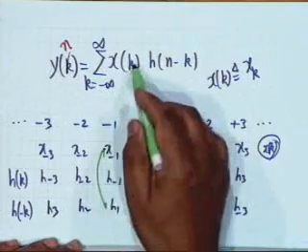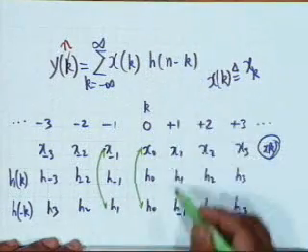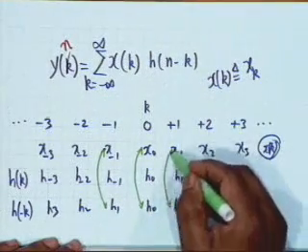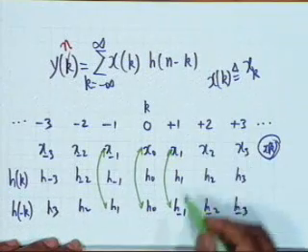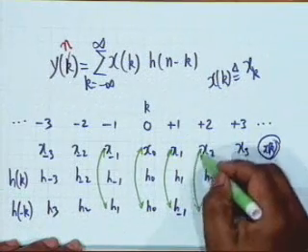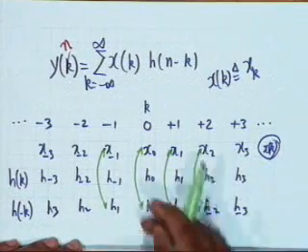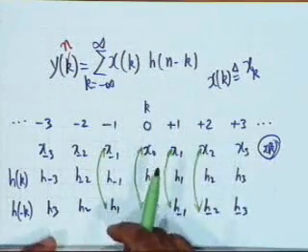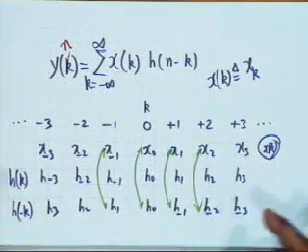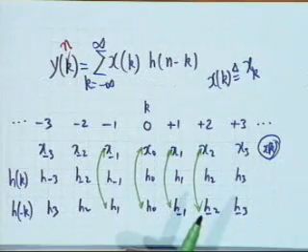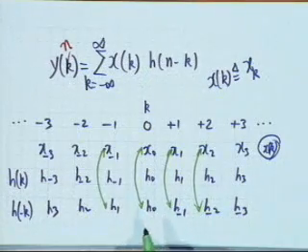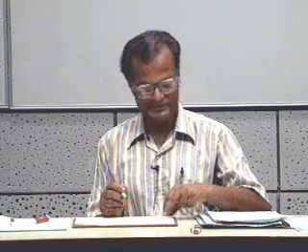If k is minus 1, then it will be h of 1. We multiply x1 by h of minus 1, and x2 by h of minus 2. We do this multiplication column wise and then add them up. All right. That will give me y of 0.